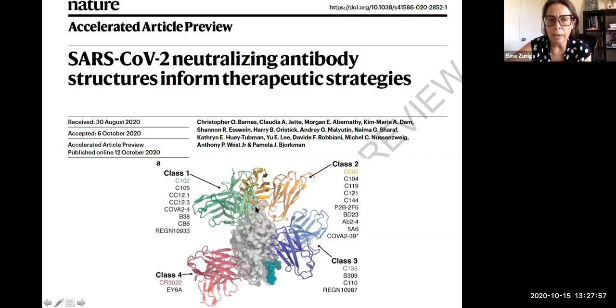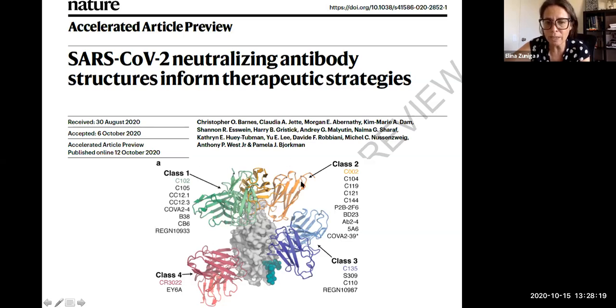Here in gray is this particular part of the SARS coronavirus 2 spike protein, the receptor binding domain. This is the viral protein that will bind to the receptor in the cell. The receptor in the cell is not depicted here.